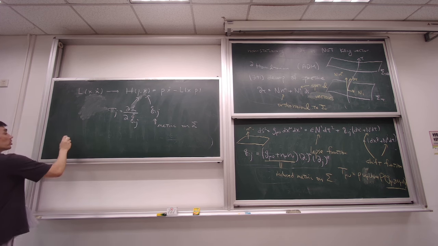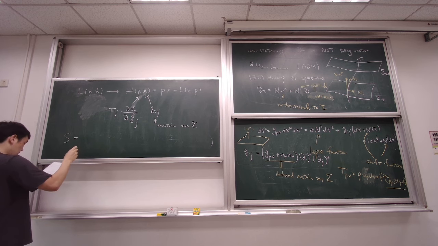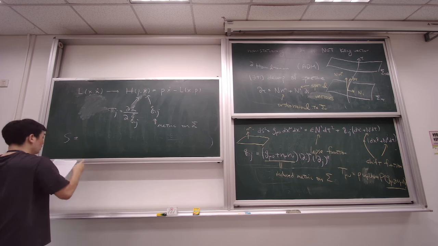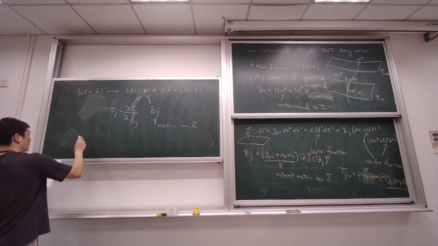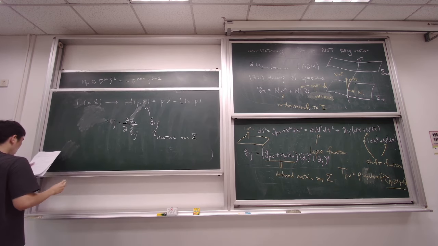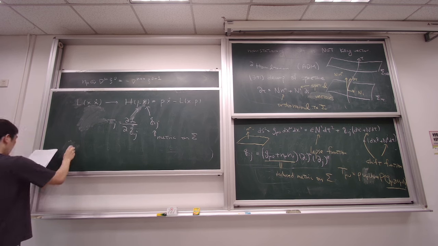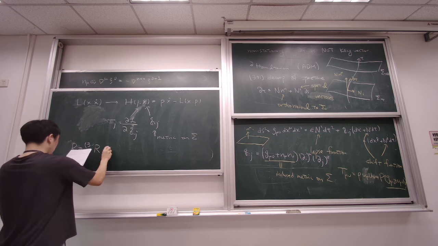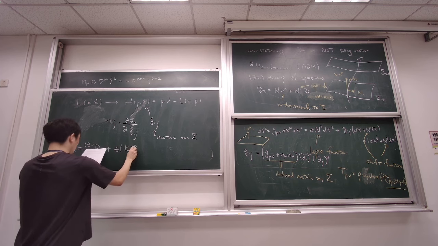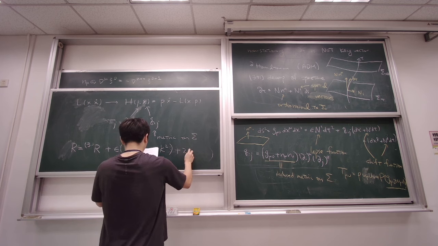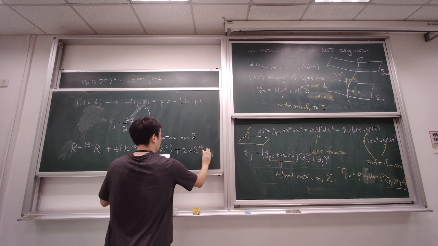Then the action is given by S, where the Lagrangian is given by R, and this can be decomposed as follows. The four-dimensional Ricci scalar can be decomposed into the three-dimensional Ricci scalar plus epsilon times K_AB K^AB minus K squared plus a total derivative term.